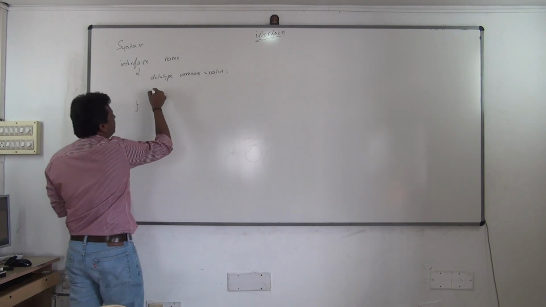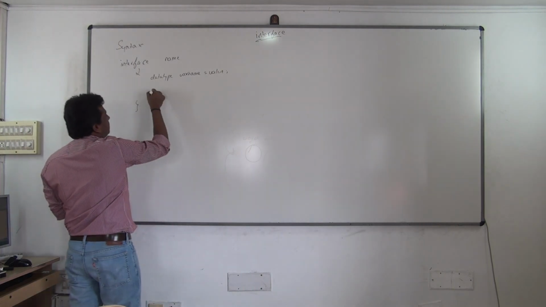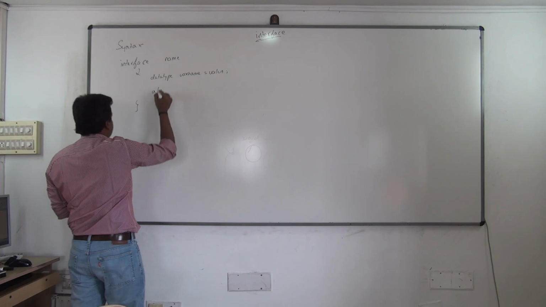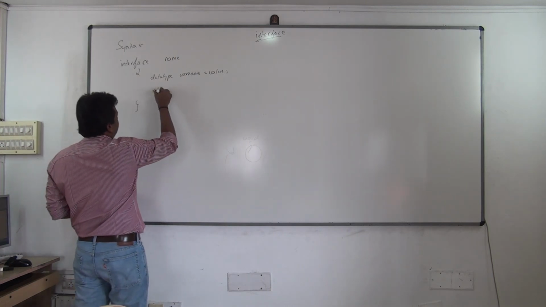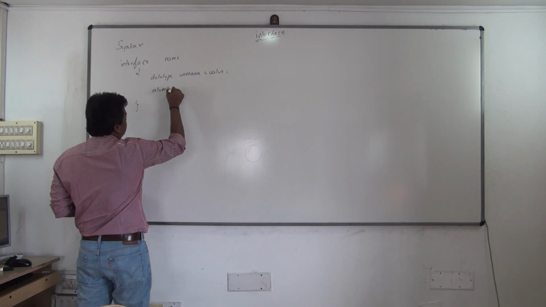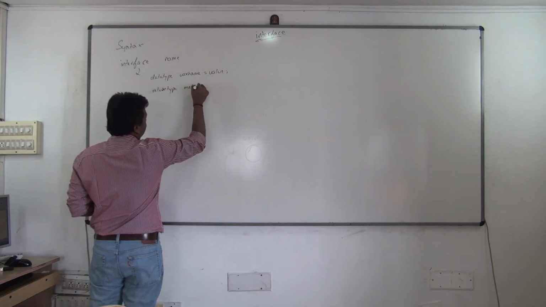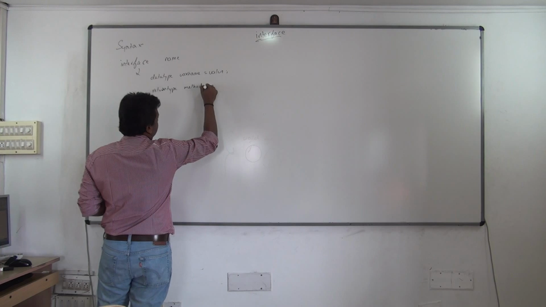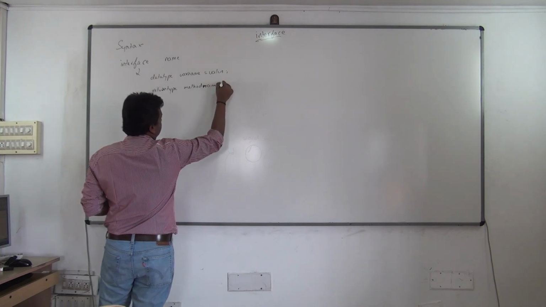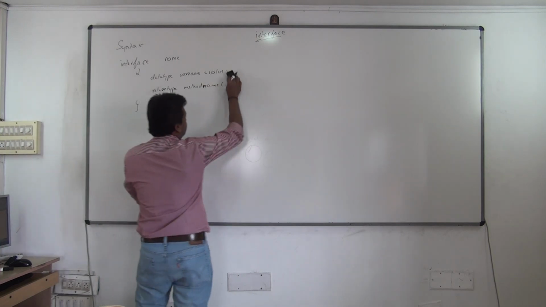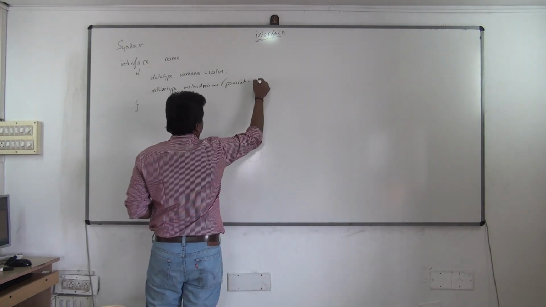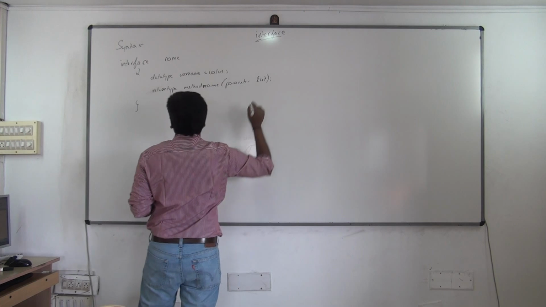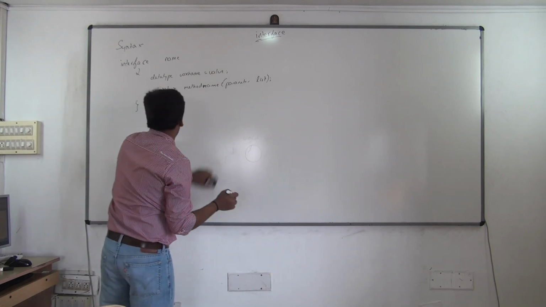And one more thing it can contain is abstract methods: a return type, method name, parameter list. That's it. So these are the only 2 members.